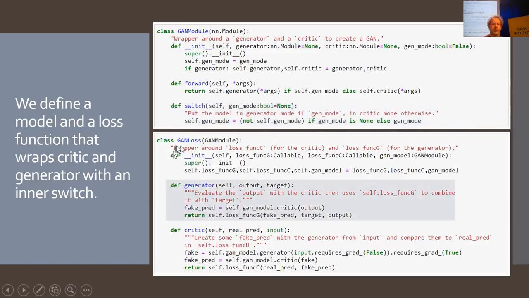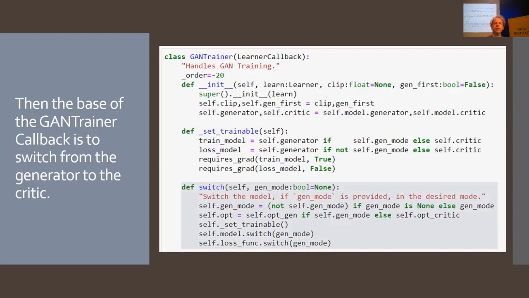Same thing for the loss function, where there was a generator loss and a critic loss. Then we created a callback, which had a switch that just switched the generator mode on and off and passed that along to the model and the loss function I just showed you.